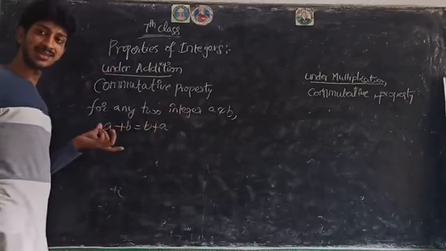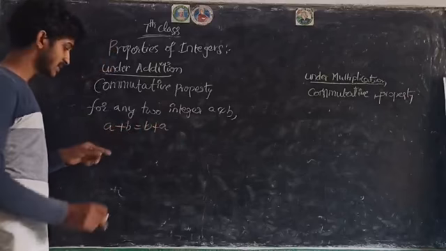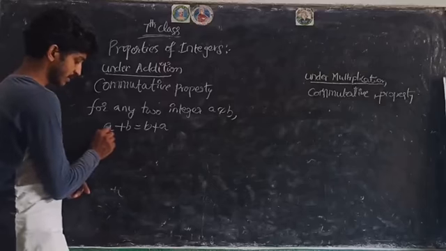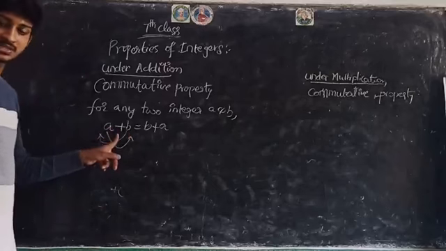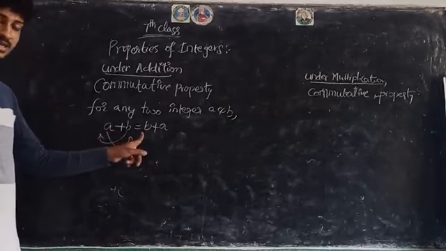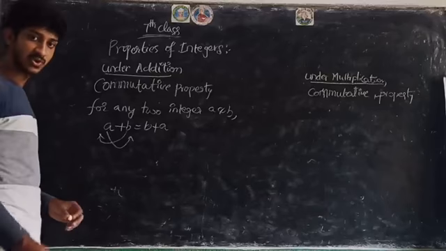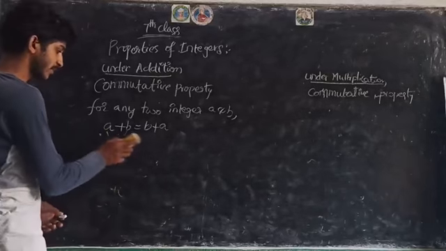If you replace the number places, if you replace a to here and b to here, and if you add these two numbers, the sum is equal. So it satisfies commutative property.